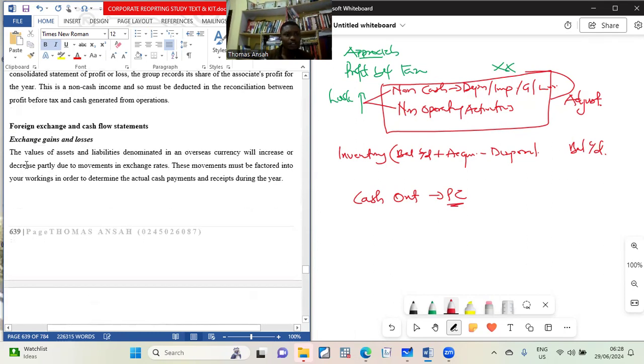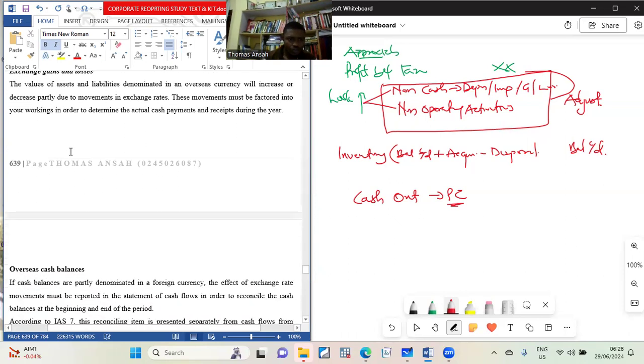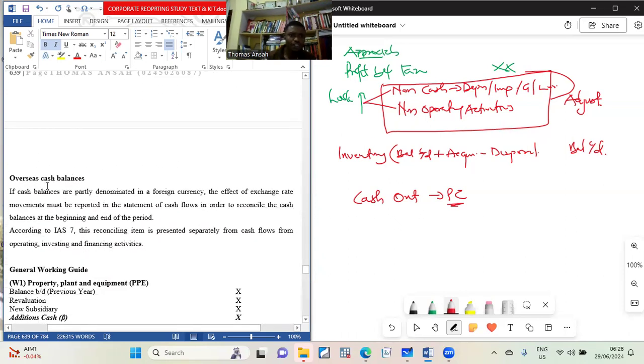Now watch this. If there is any foreign exchange gain or loss in the cash flow, if it is about PPE, include it in the PPE workings and also deal with it in your operating activity. And overseas cash balances too, you have to convert them as part of your closing cash balances. You use your opening rate to convert the opening, and your closing rate to convert the closing, so that you add it to your opening and closing balances.